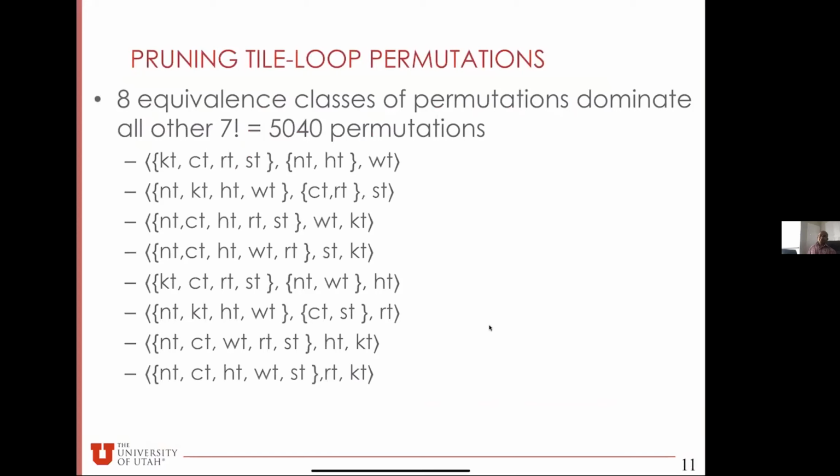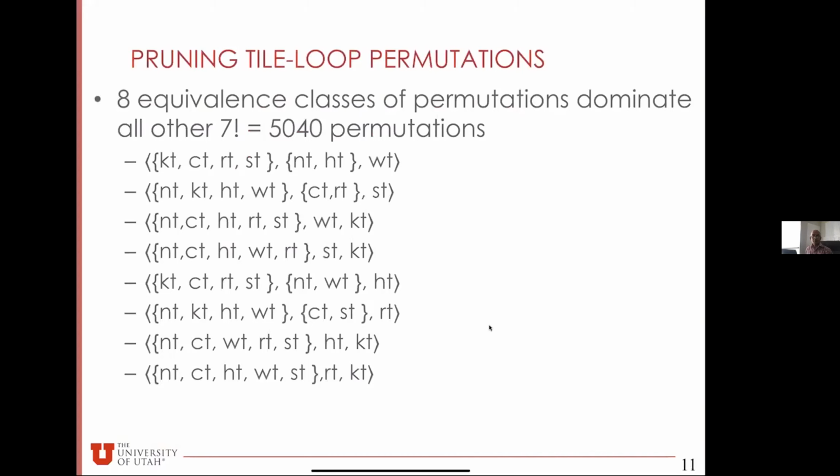Essentially, out of the 5,040 possible permutations of the 7D loop nest for CNN, we can show that there are only 8 equivalence classes of permutations that dominate all the other 7 factorial, where domination means that they are going to have volume expressions that are less than or equal to the corresponding volume expressions for the other ones.